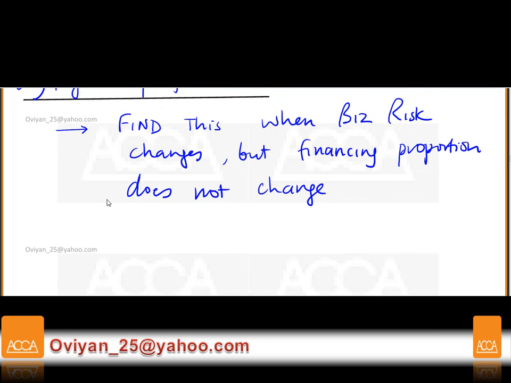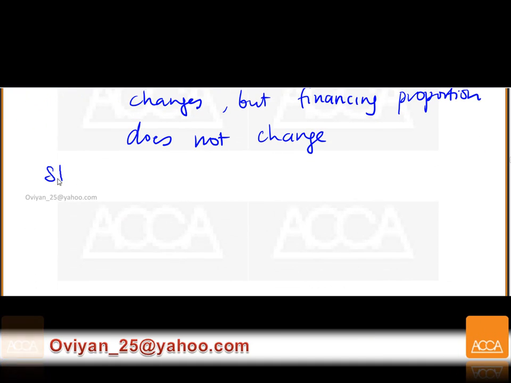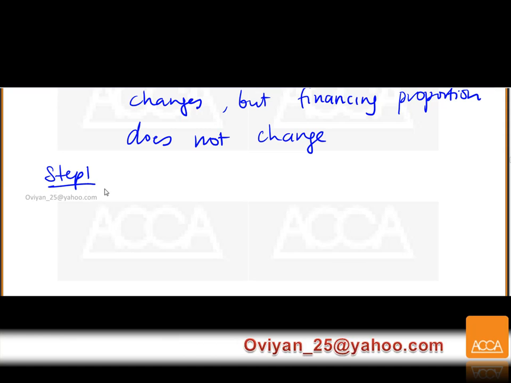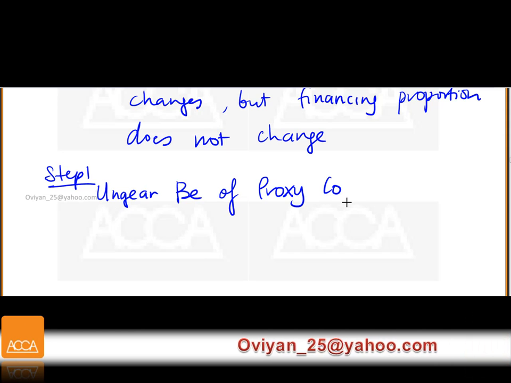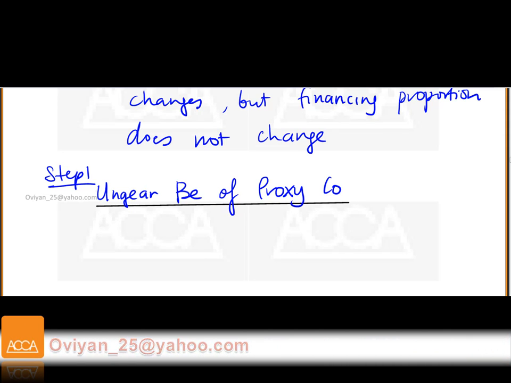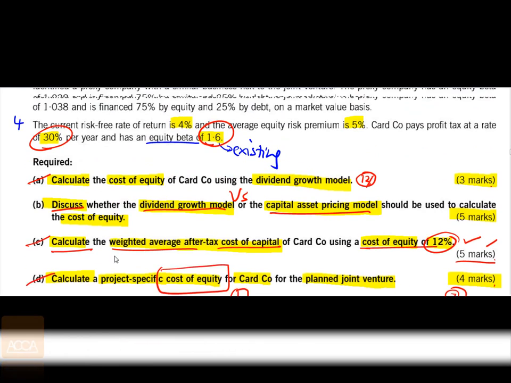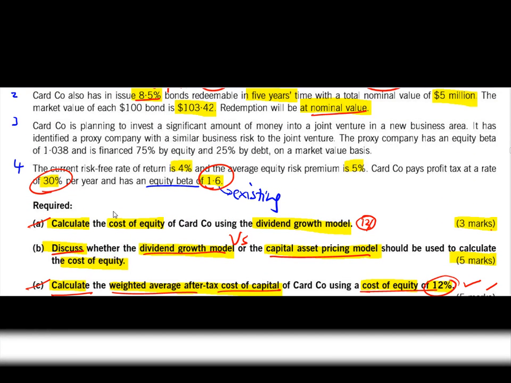Now there are 2 steps of finding project specific cost of equity. Step 1 is simply going to be to ungear the beta equity of whatever proxy company is given. We are told in this case in paragraph number 3, the card company is planning to invest a significant amount.